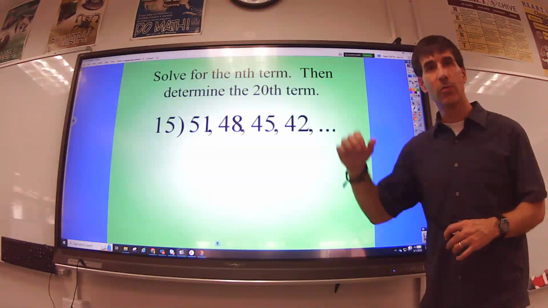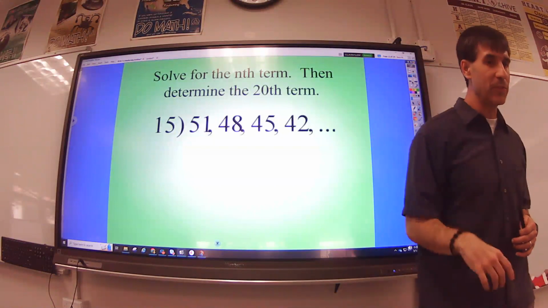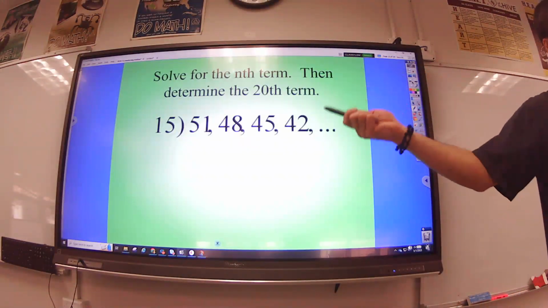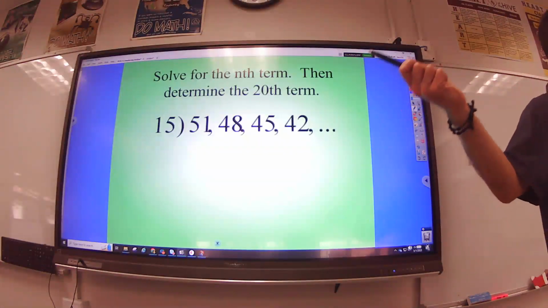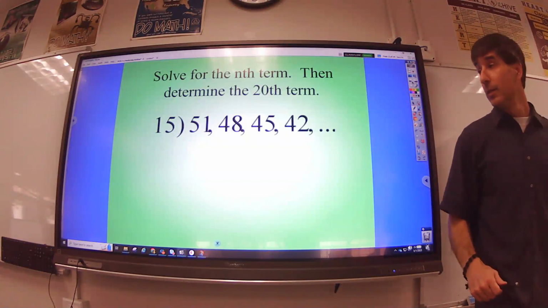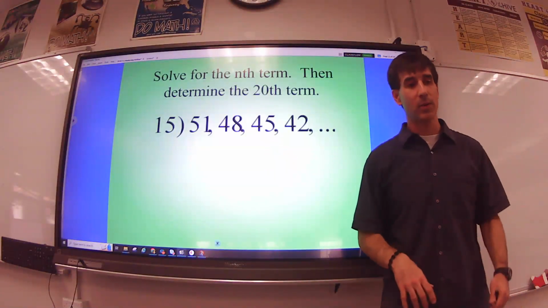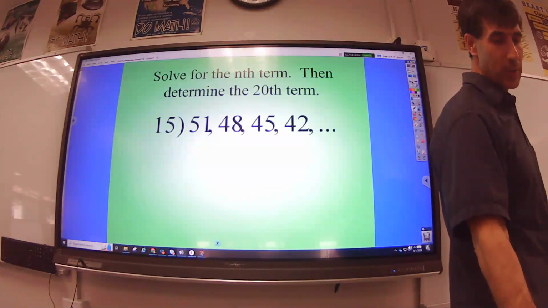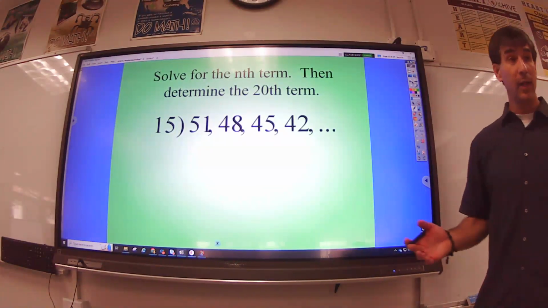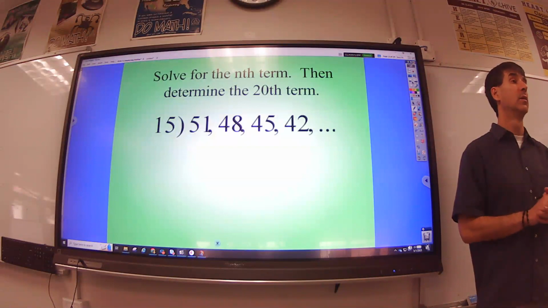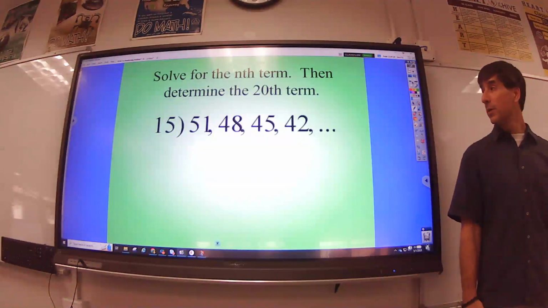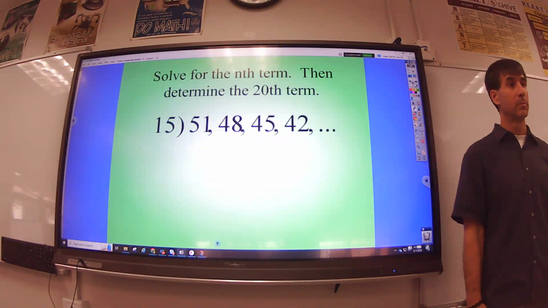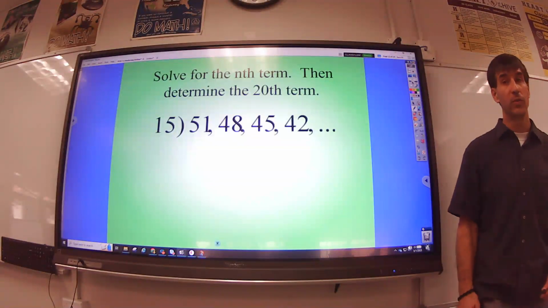Solve for the nth term using the formula. Okay, so go ahead and write these down. This is number 15 on your assignment. Now, this is the same exact thing. We are given the first term and the common difference. So go ahead and we'll see if we can find the equation using this. So I'm going to pause it for a second. Melanie, what's my first term? 51.